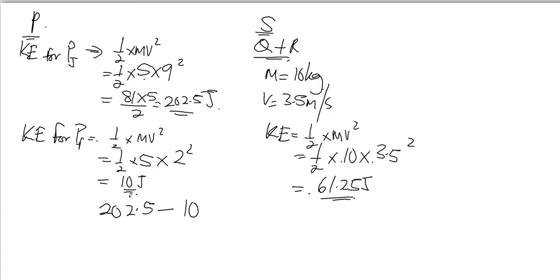So from 202.5 you minus 10, that's a significant loss, and from that you minus another 61.25. So 202.5 minus 10 minus 61.25, and the answer is 131.25 joules.